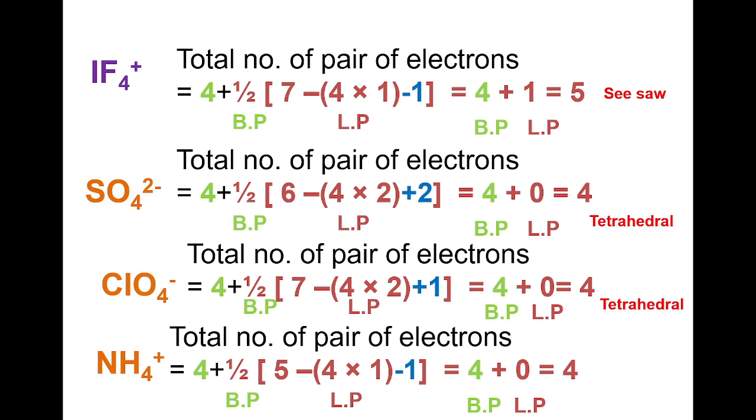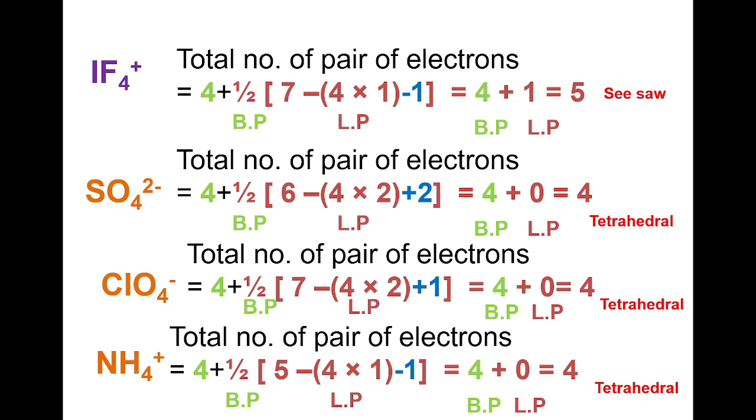In the calculation, we are subtracting 1. So same process: total surrounding atoms 4, nitrogen is the central atom, outermost electrons 5, minus 4 total surrounding atoms into valency of hydrogen 1, and again minus 1. So we'll get 4 bond pair, 0 lone pair. The shape will be tetrahedral.